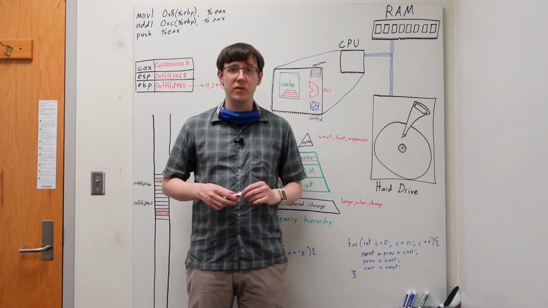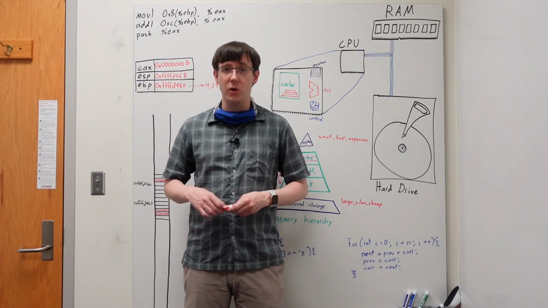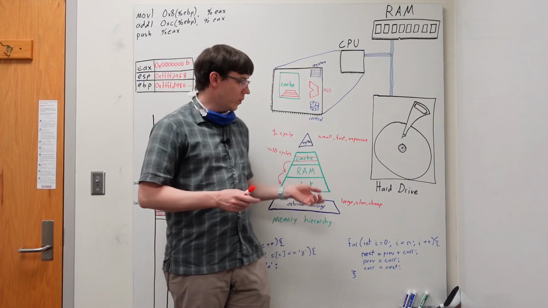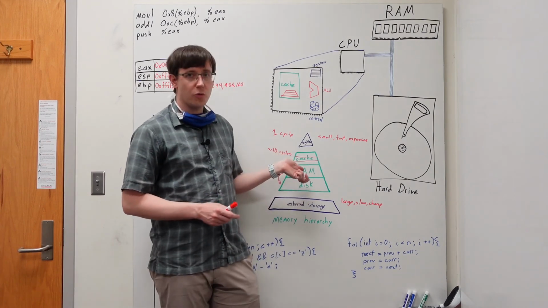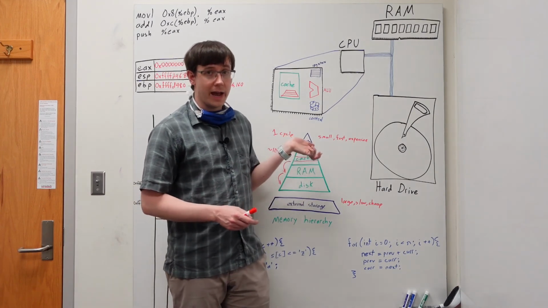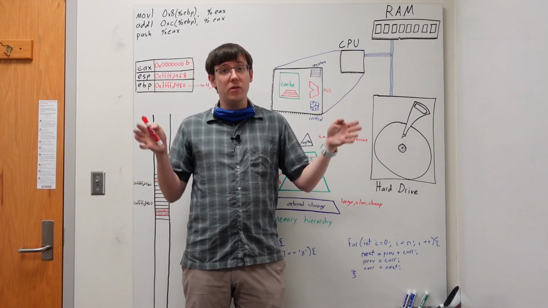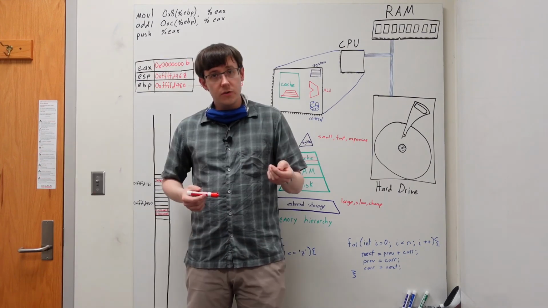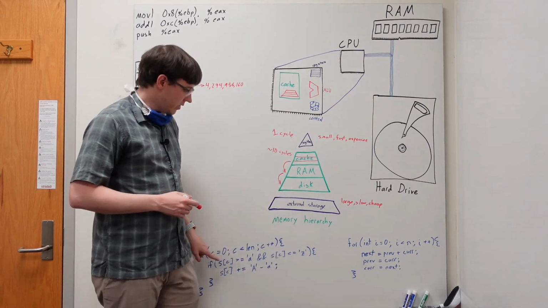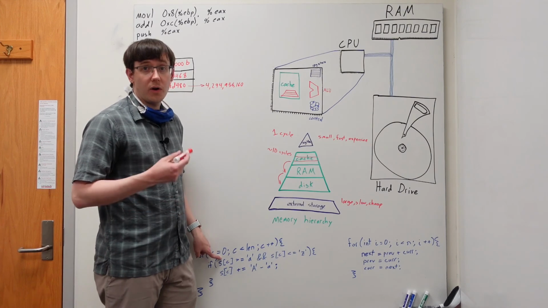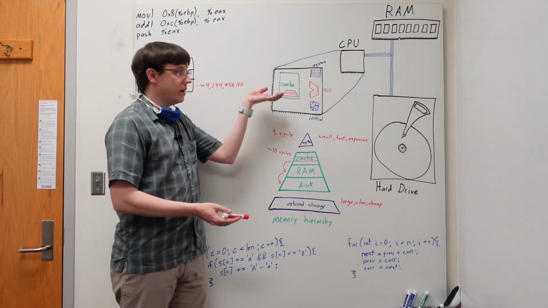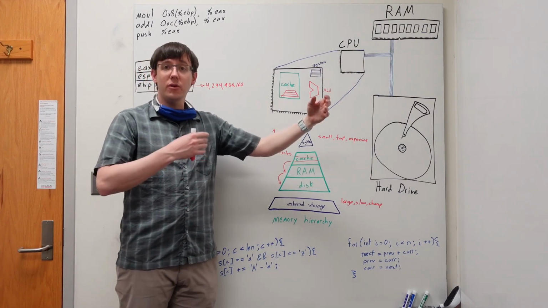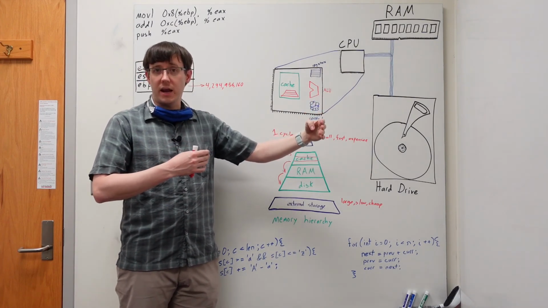Specifically, a way that the system takes advantage of spatial locality is by moving around blocks of data. When data is transferred from the disk into RAM or from RAM into cache, a block of adjacent addresses are all sent at once. So if we access the first element of our array, that will be brought into the cache, and along with it will be brought several other nearby pieces of data.